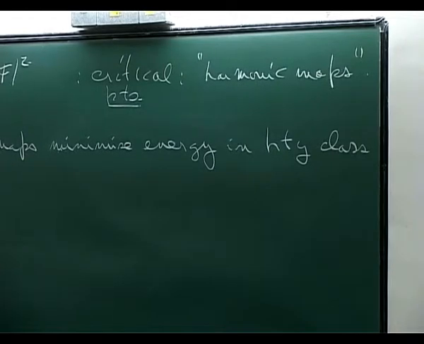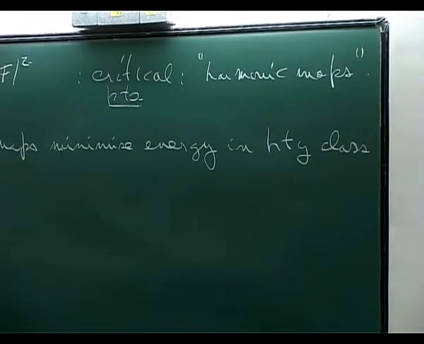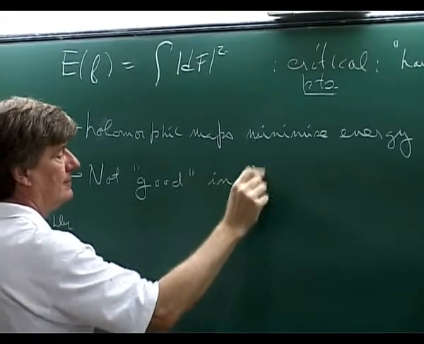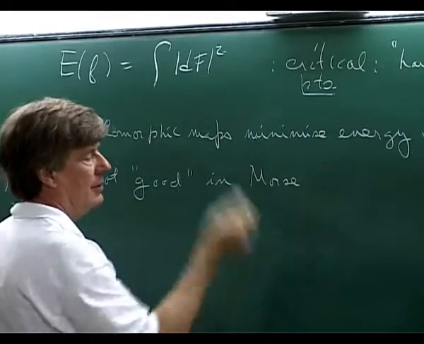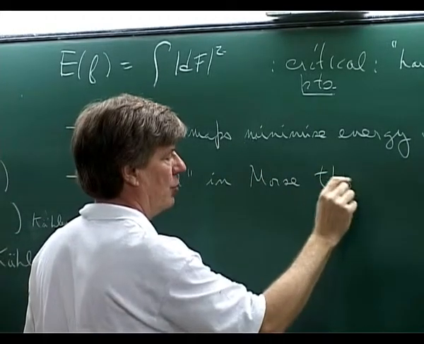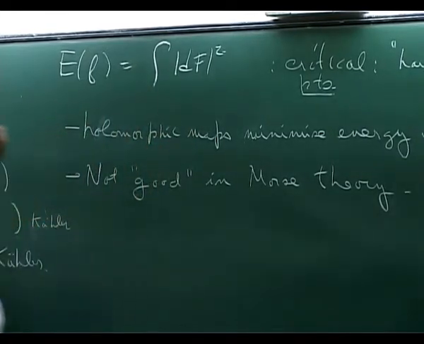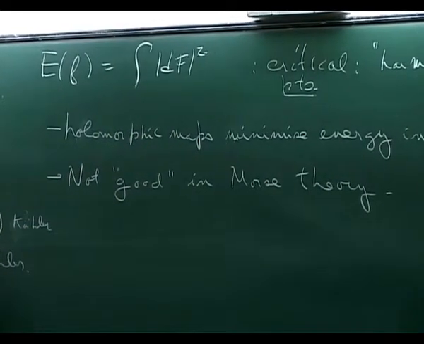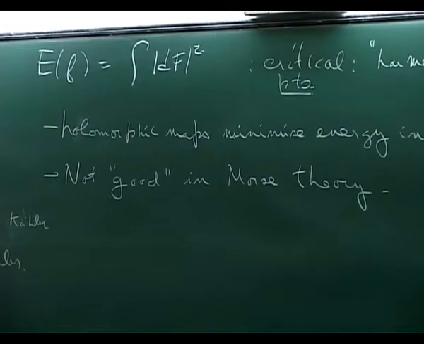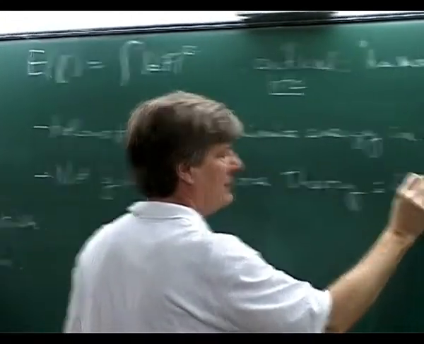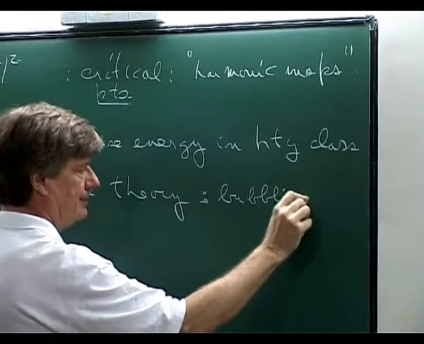The other thing that's rather like the L2 norm of the curvature for the instanton problem is that it's not a good functional for Morse theory. And it's bad in exactly the same way. There's bubbling, and this time you actually see the bubbles.